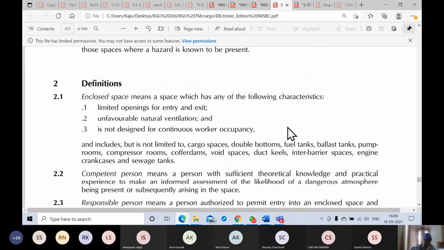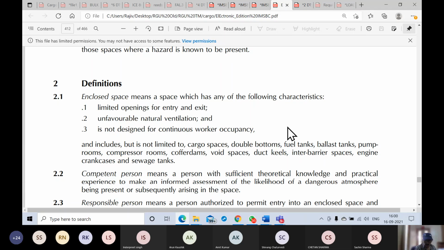Very important point. Any one of these characteristics can render that particular space an enclosed space. Please note down the enclosed space definition: a space which has any one of these following characteristics, including the third one, which is not designed for continuous worker occupancy.